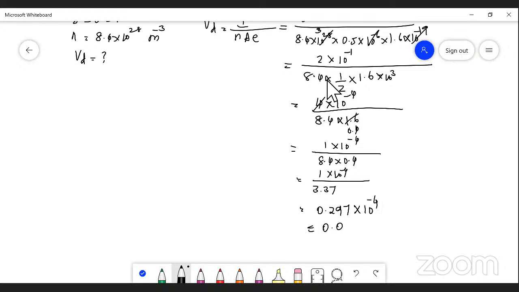I can make it 0.0297 into 10 power minus 3, simply 0.03 into 10 power minus 3 meter per second. So drift velocity VD is 0.03 into 10 power minus 3 meter per second.